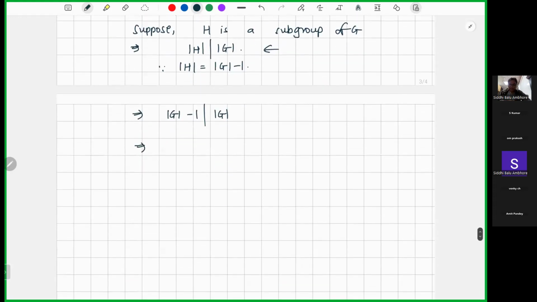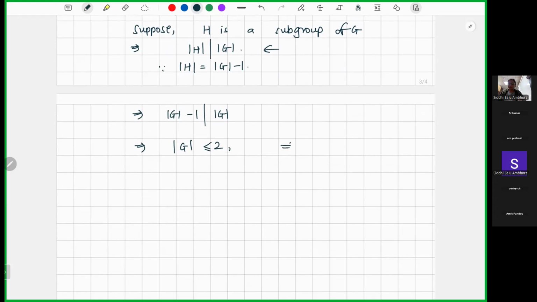And this implies that, what will be the cardinality of G then? That |G| - 1 divides |G|. This implies the order of G is less than or equal to 2, right?